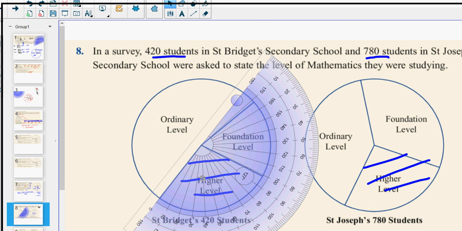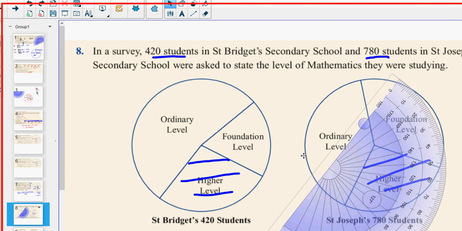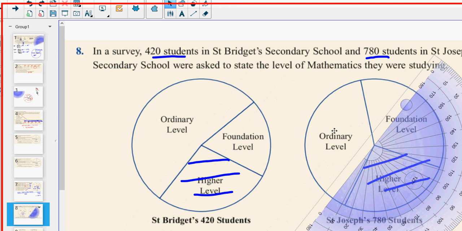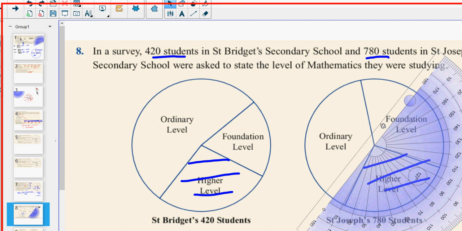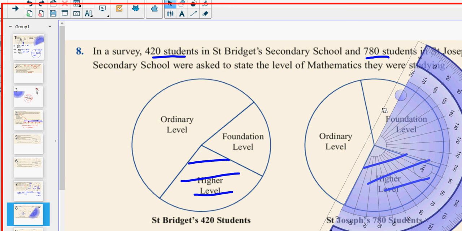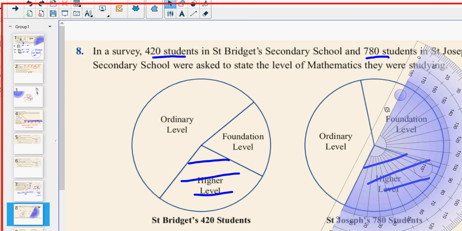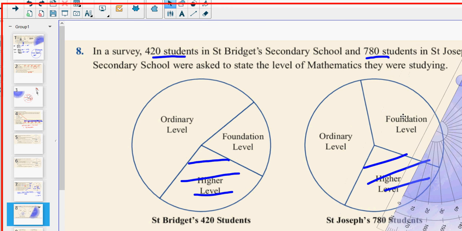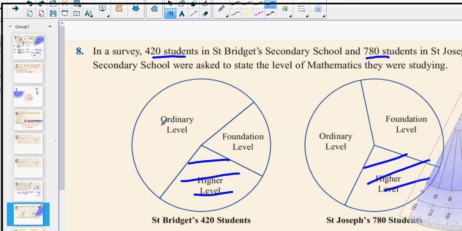It's about 99 to 100 degrees, yeah? And then this one here. So slightly over, slightly under 100 again. I say they're pretty damn close, would you? Yeah.